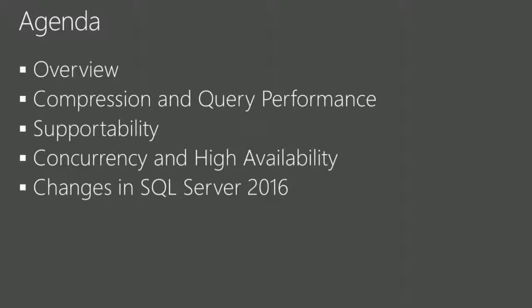There were some holes, but we learned from our customers and we have improved that, and you will see the changes. There are also changes in concurrency and high availability. For all these topics, I will show you what was done in 2014 and what we have changed in 2016, so you can do a side-by-side comparison. So let me start with the overview.